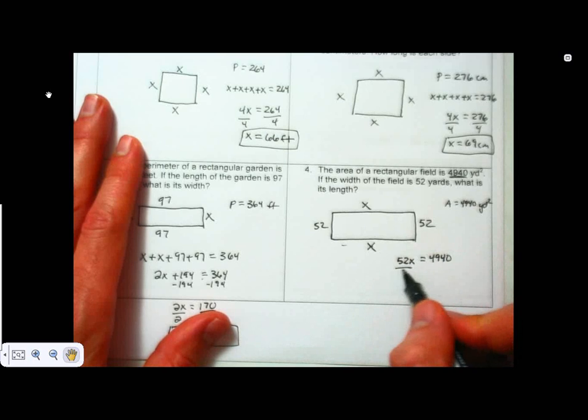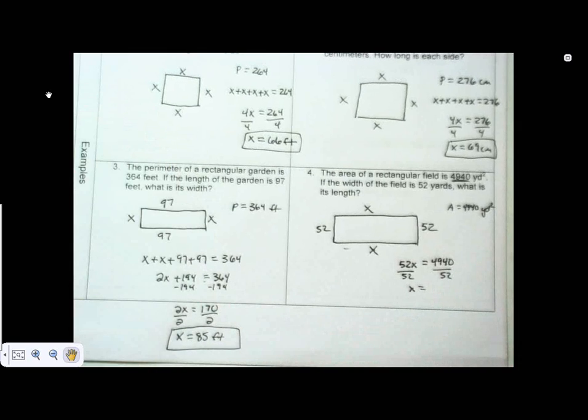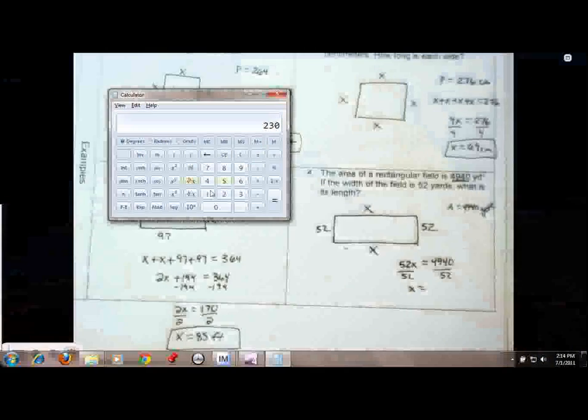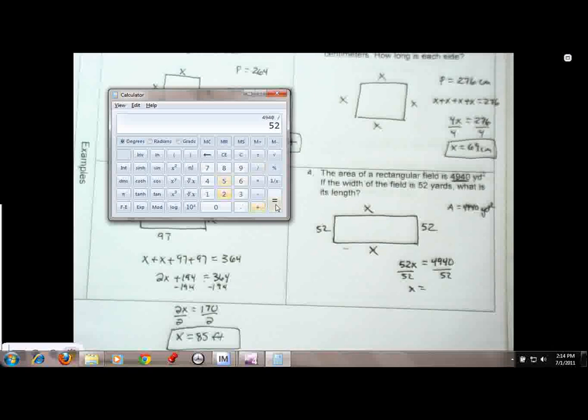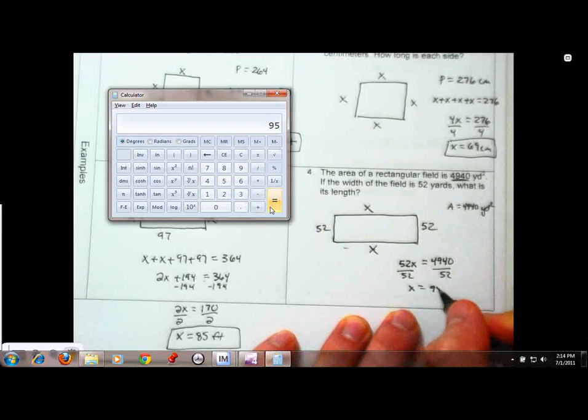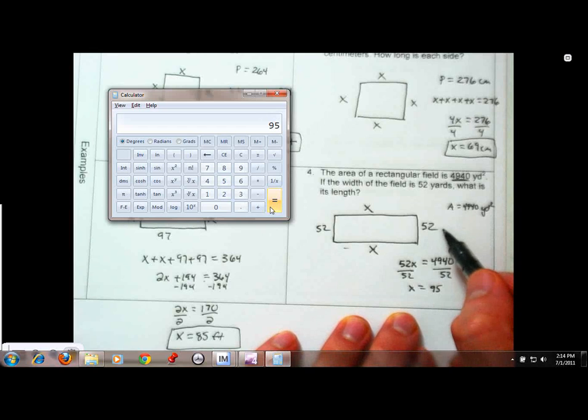Divide both sides by 52, and we're going to get an answer of 95. And the units, since my area units were square yards, means each side had to be in yards.